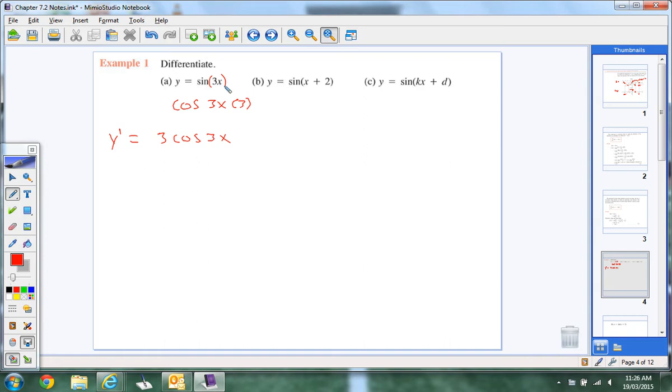Everybody okay? So for part B, y prime would be cos of x plus 2, but the derivative of the inside is just 1, since it's just an x, so I don't really have to put a 1. That's all it is.